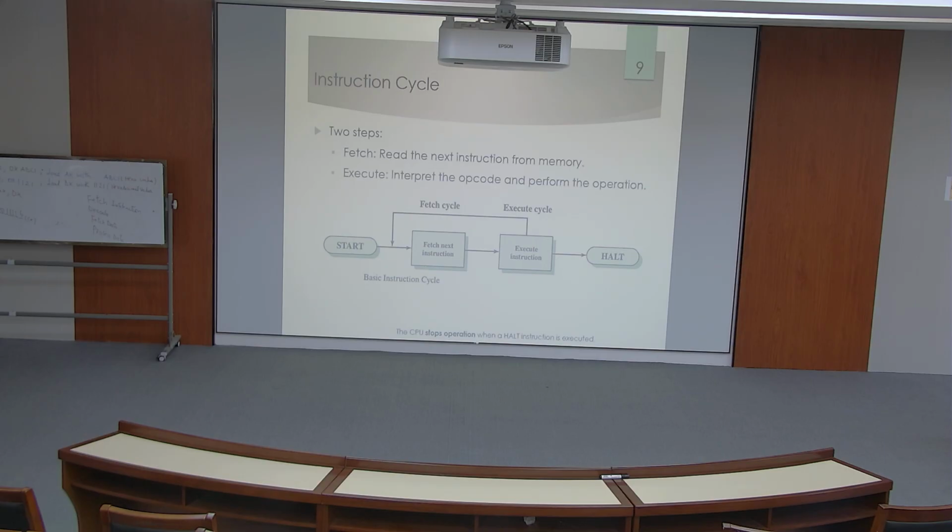Now, the instruction cycle. We have 2 important steps. We have fetch, to read the next instruction from the memory. We have execute. It has first to decode the instruction fetched from the memory, then perform the operation.